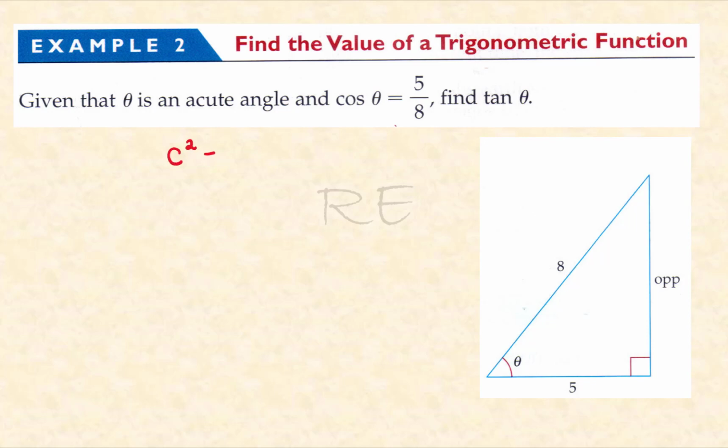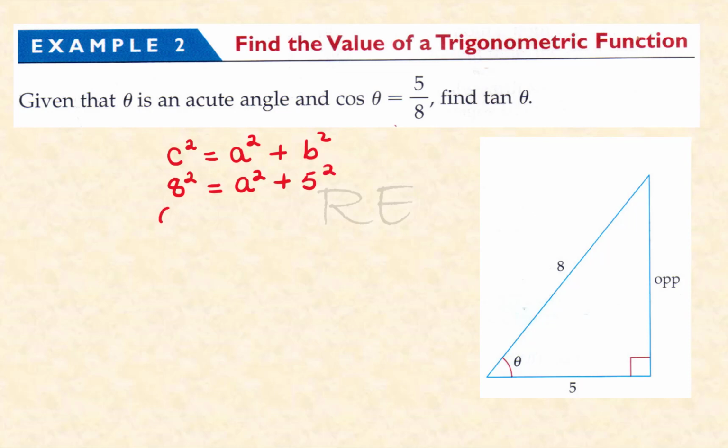Find the value of the trigonometric function if cosine theta is equal to 5/8. So cosine is adjacent over hypotenuse. We need to calculate the opposite side, which is the altitude.